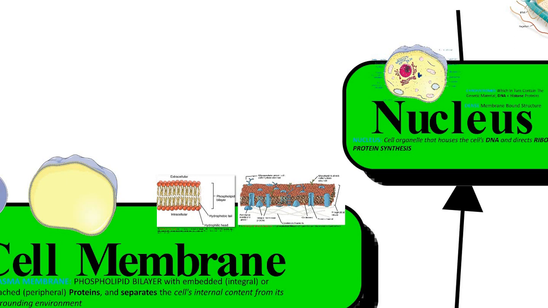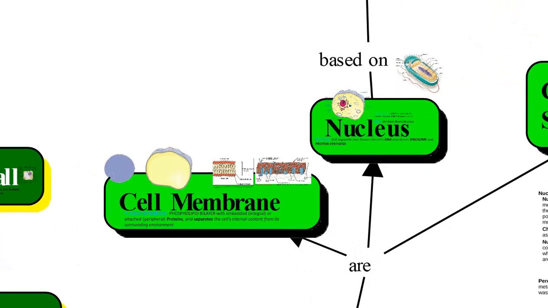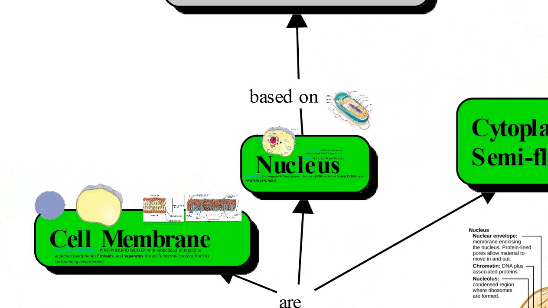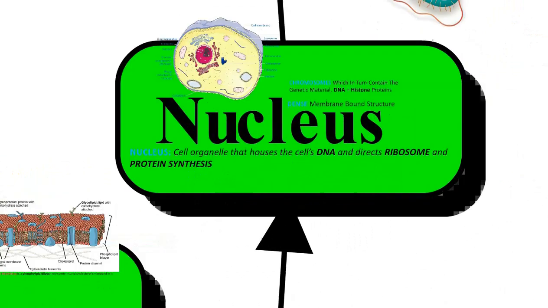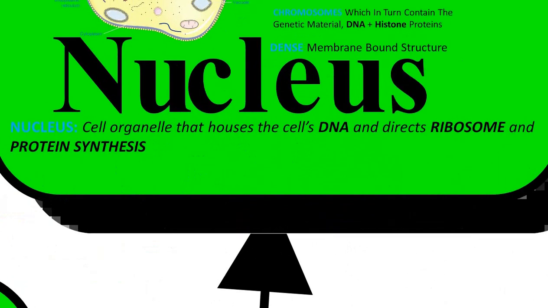The other common feature present in both animal cells and plant cells is the nucleus. To define the nucleus, it is the cell organelle that houses the cell's DNA and directs ribosomes and protein synthesis. That means the nucleus is the cell organelle that houses the cell's DNA, the genetic material.